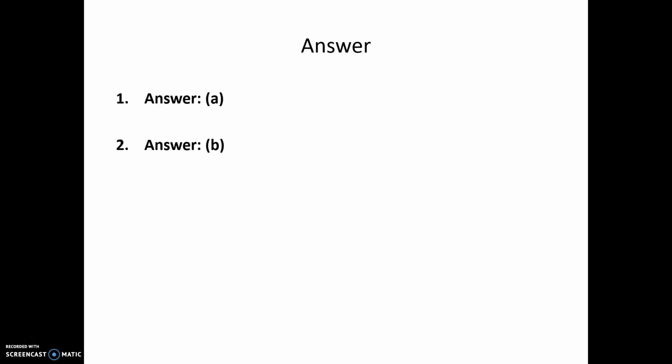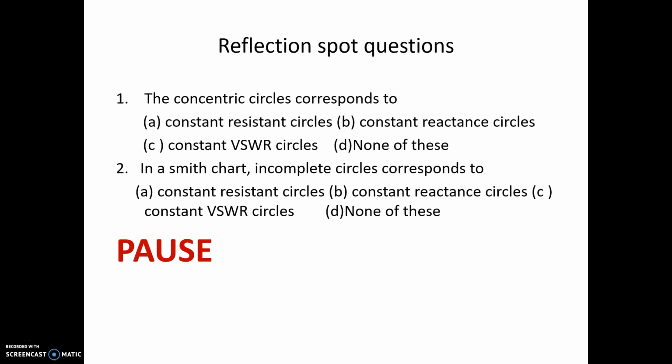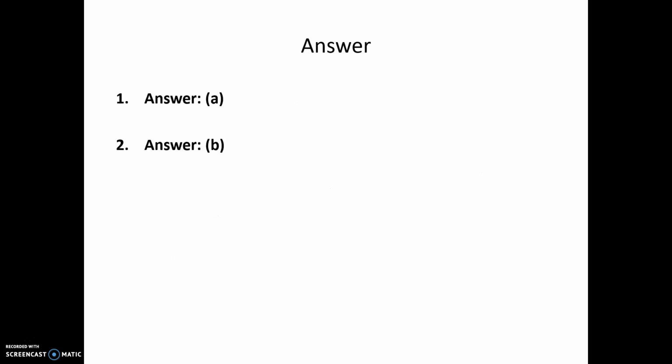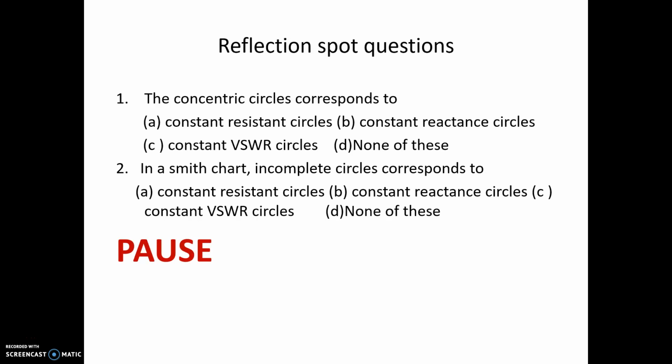Okay. For the first question, the answer is A, which is that the concentric circles correspond to constant resistance circles. And the answer for the second question is B, which is that in the Smith chart, the incomplete circles correspond to constant reactance circles.